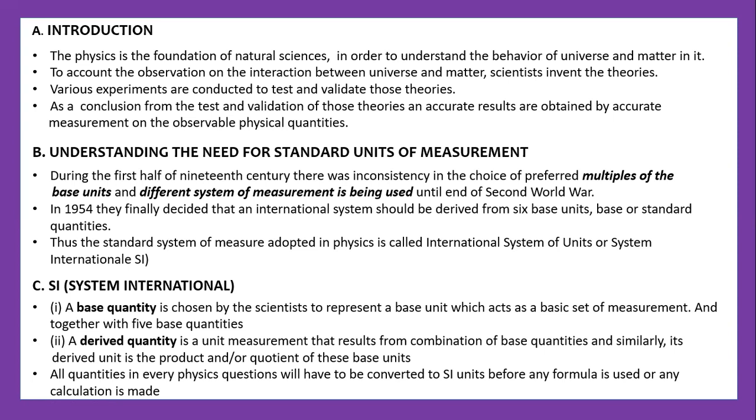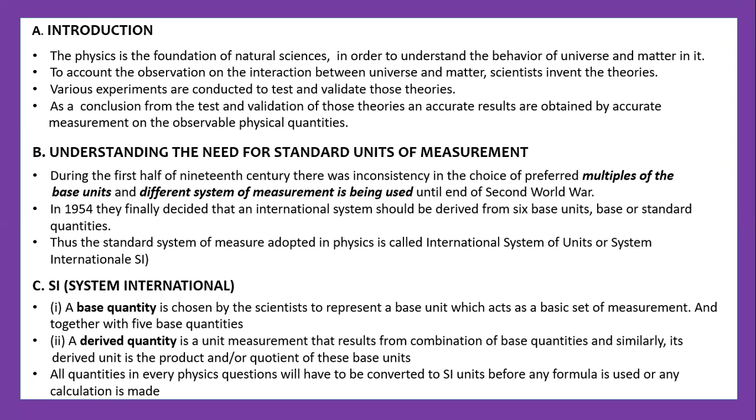Why do we need to understand the need for a standard unit of measurement? During the first half of the 19th century, there was inconsistency in the choice of preferred multiples of base unit, and different systems of measurement were used until the end of the Second World War.